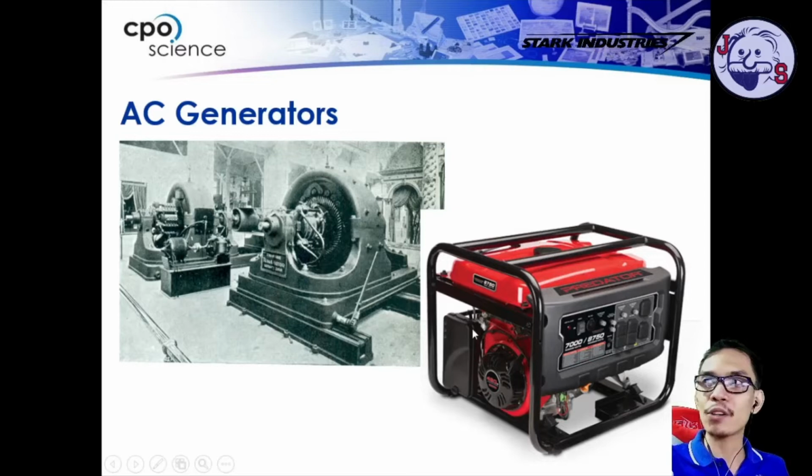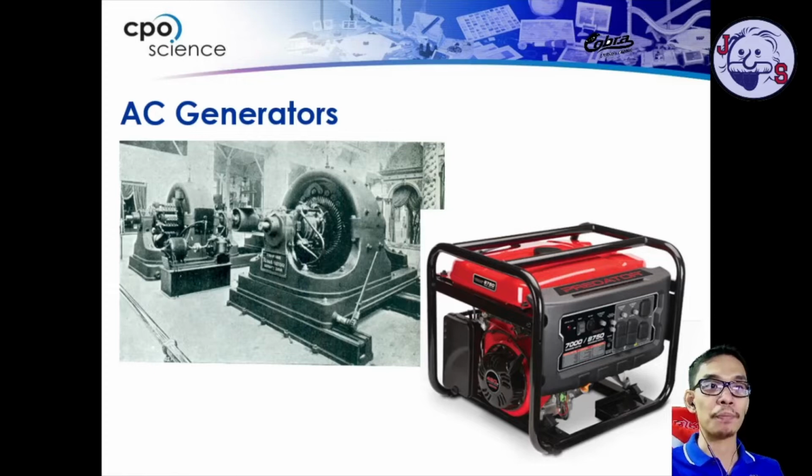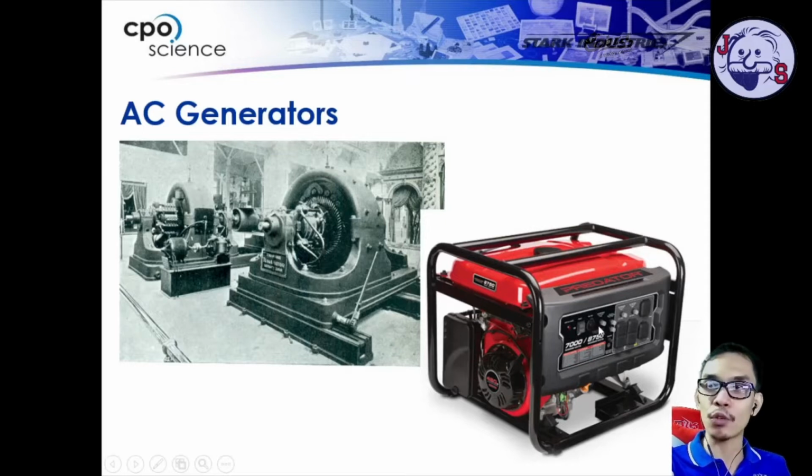This is a household generator. If there's a sudden blackout in your area, you can use it as your source of electricity. You can connect devices here, and the generator can power up those devices.